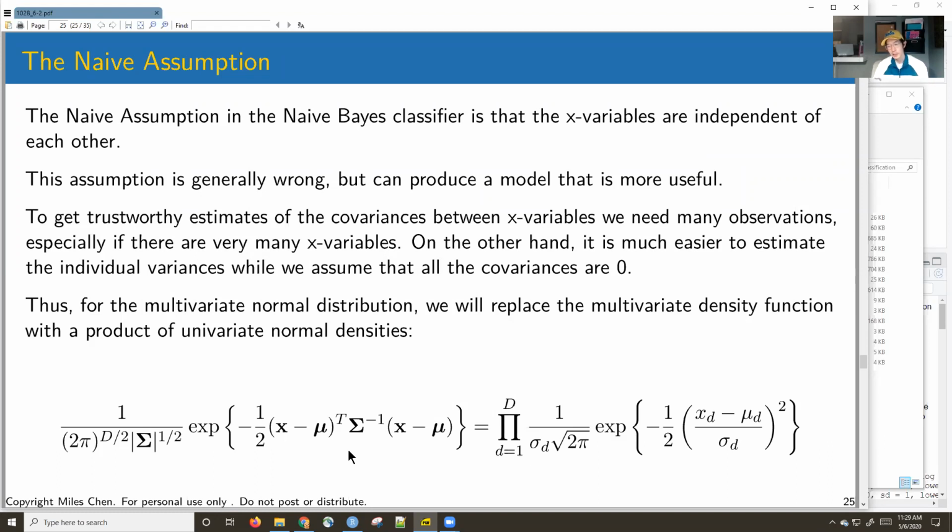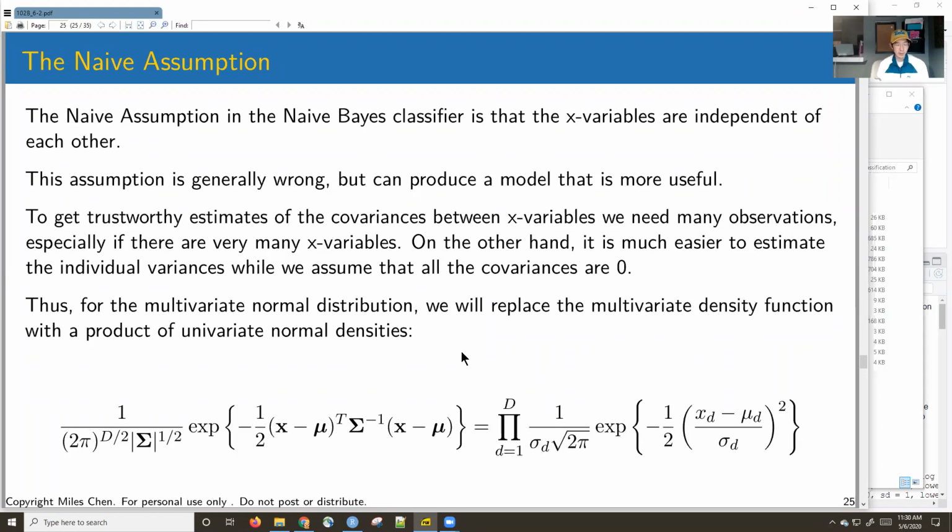But depending on the situation, we might not know how the joint distribution looks with all of these different variables going on. It might be easier to estimate the joint distribution as a product of independent distributions, rather than trying to figure out the covariance and correlation between x variables.